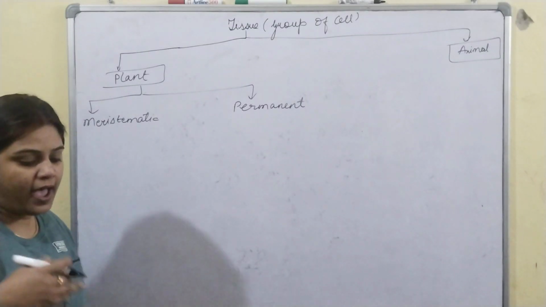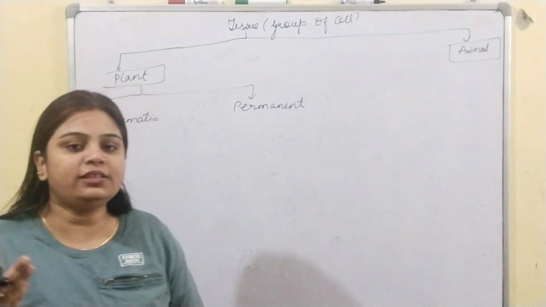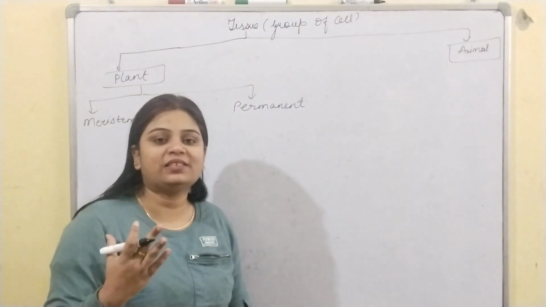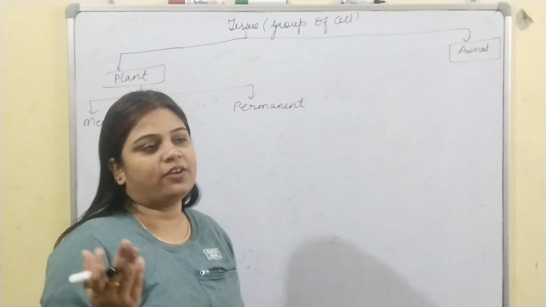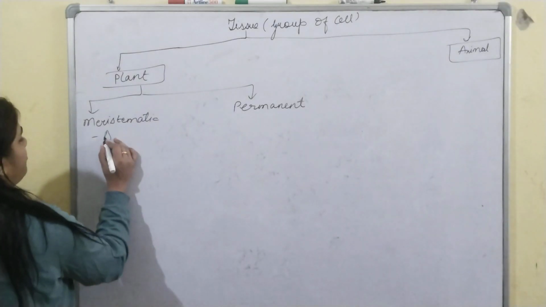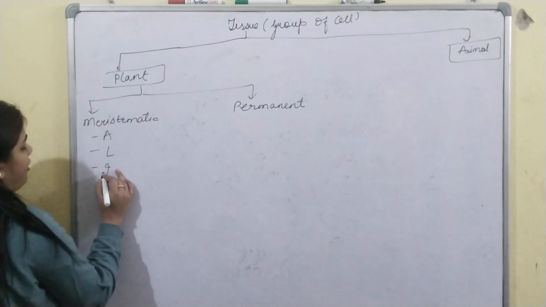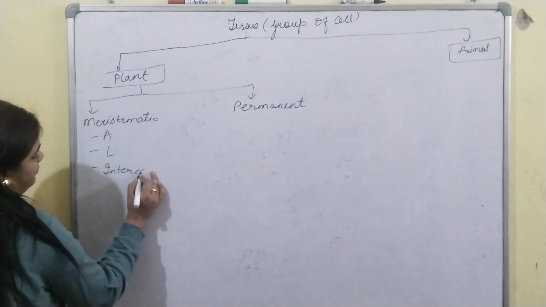Meristematic tissue, as I have discussed, is classified on the basis of location: apical meristem, lateral meristem and intercalary meristem.